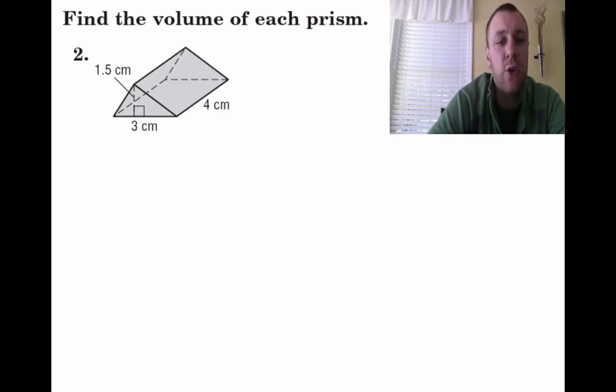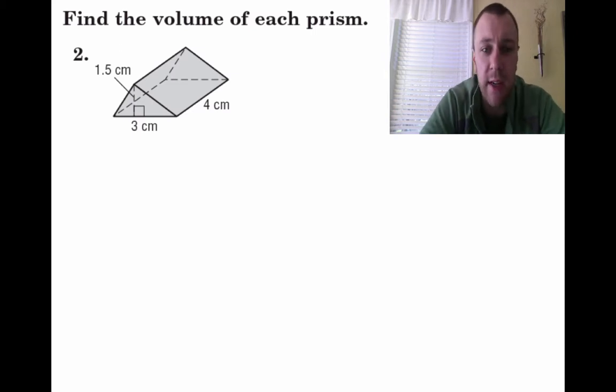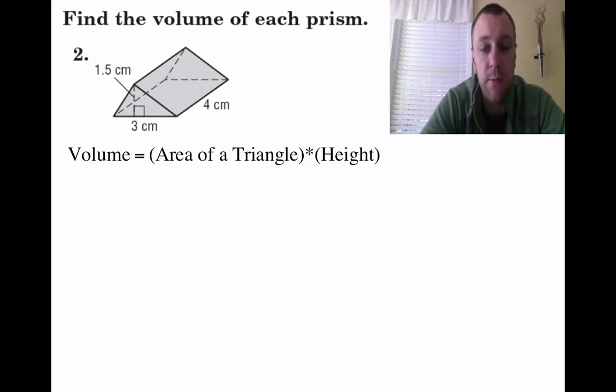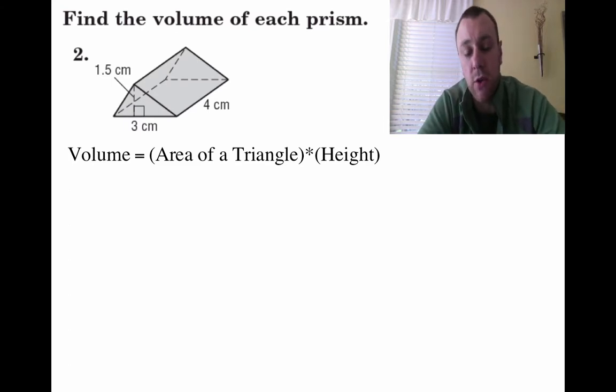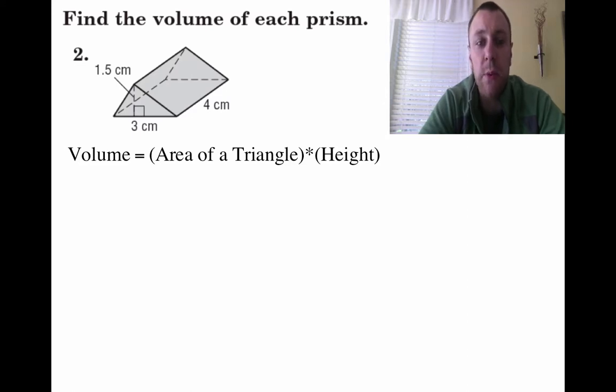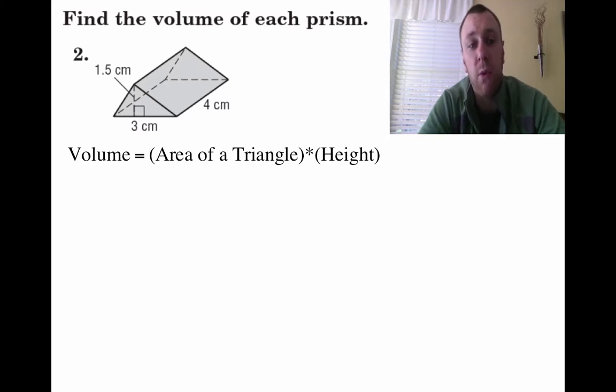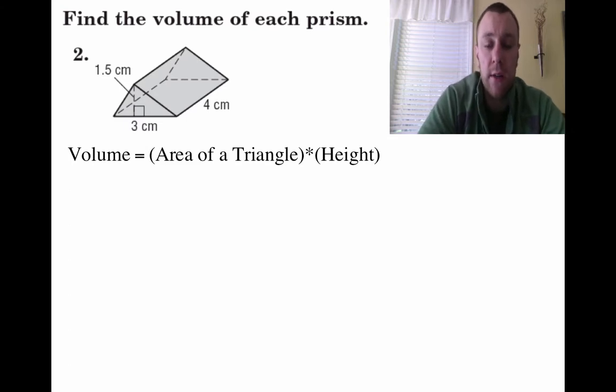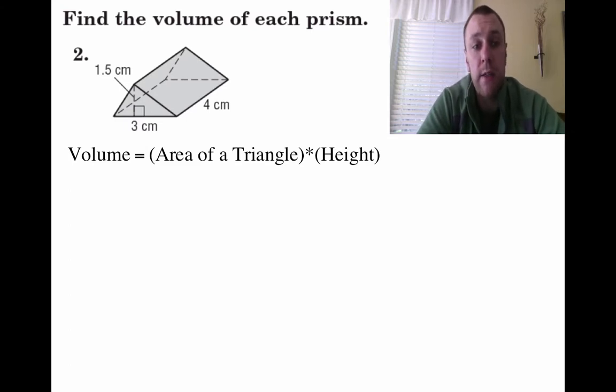In this case, this is a triangular prism. So to find it, I have to find the area of the triangle and then multiply it by the height of the prism. Now, the height of the prism is always between the bases. So that's where that 4 is. Now, the area of the triangle is base times height divided by 2.